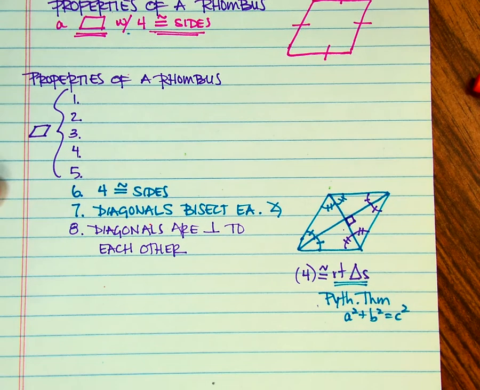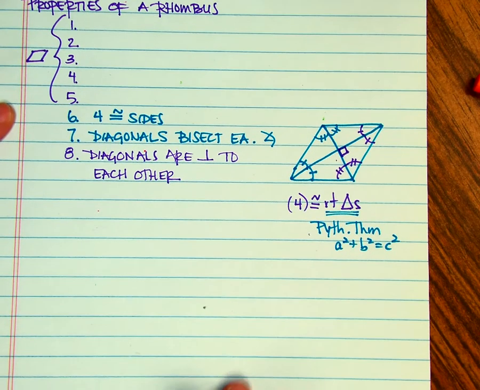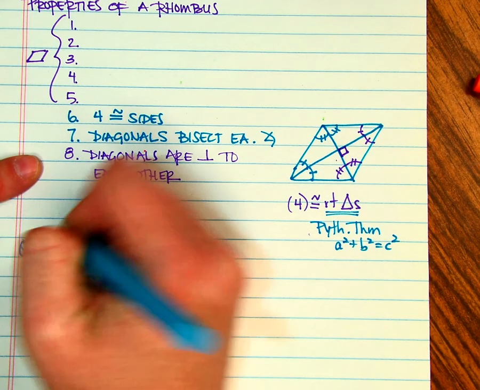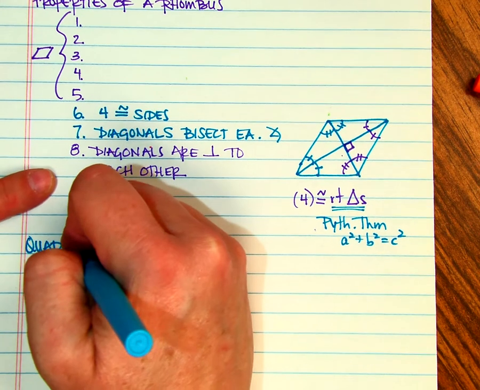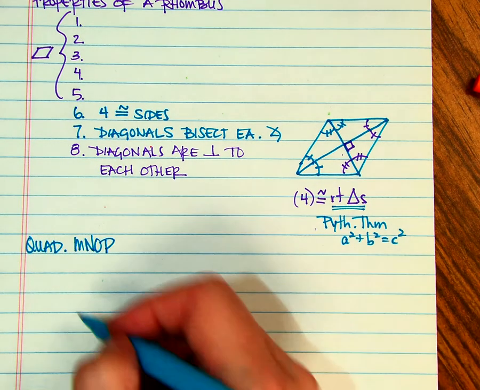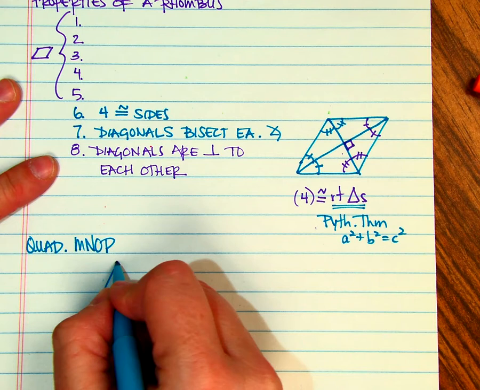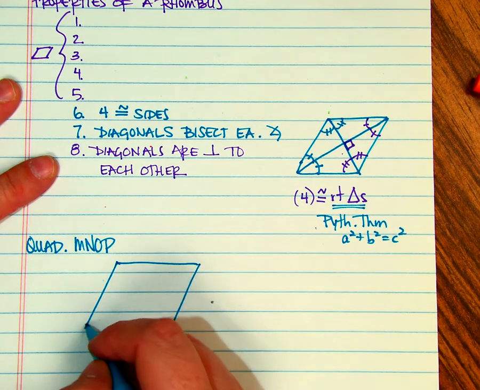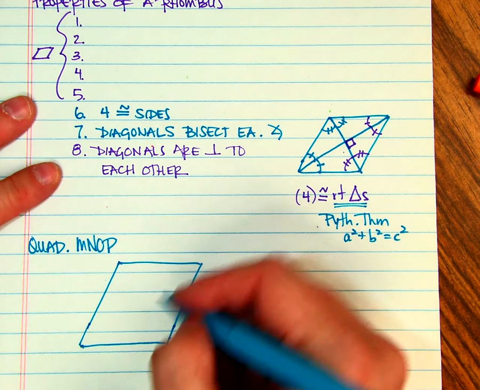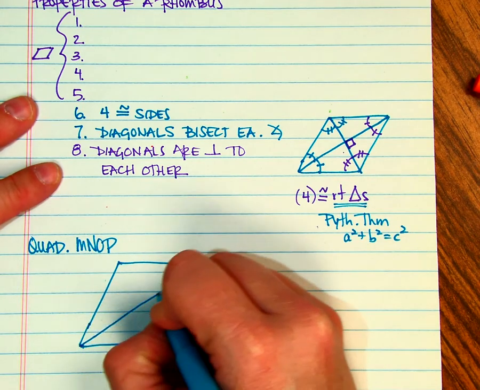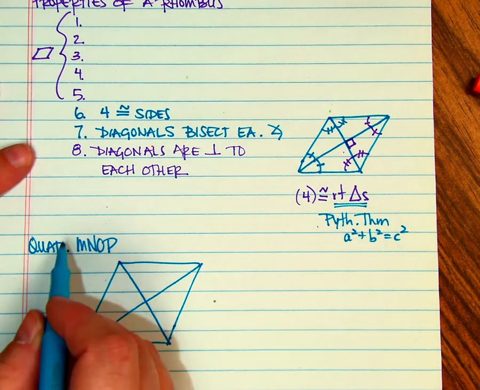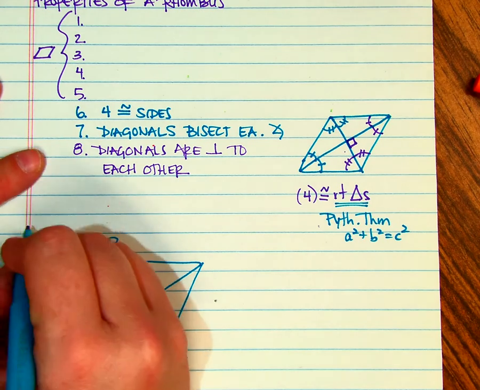Okay, so if we have a quadrilateral, we'll name this MNOP. And we have the diagonal zipping through here. I'm going to change this. We are going to know that it is a rhombus.